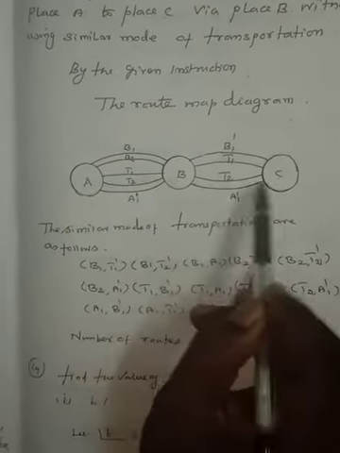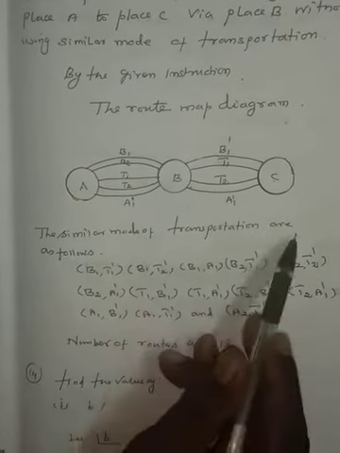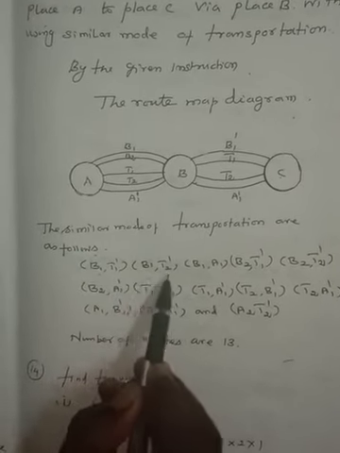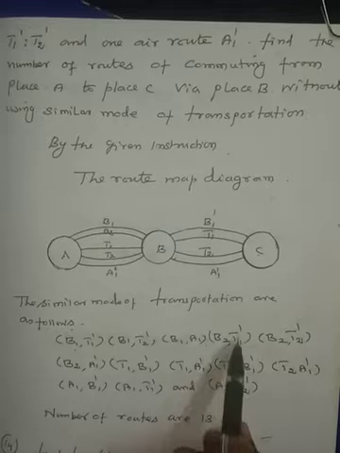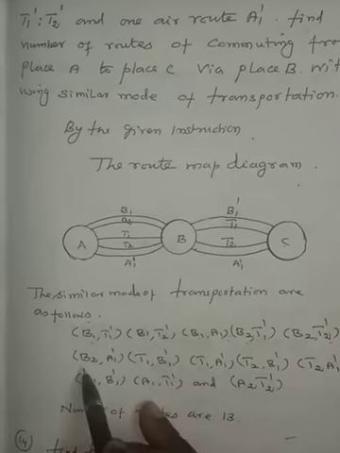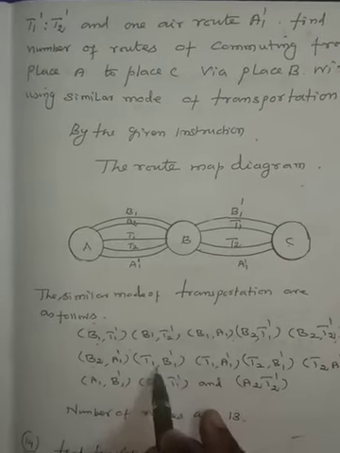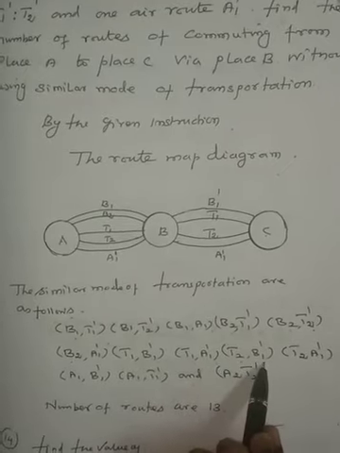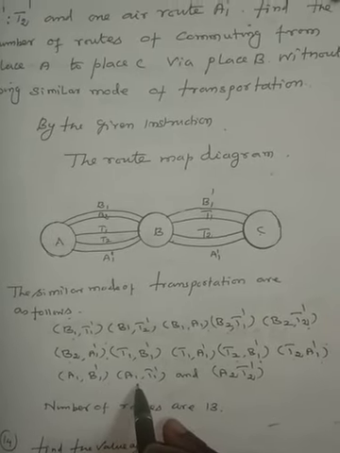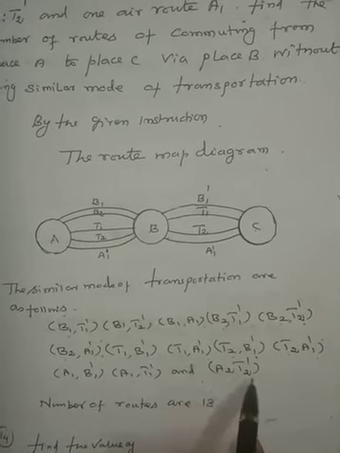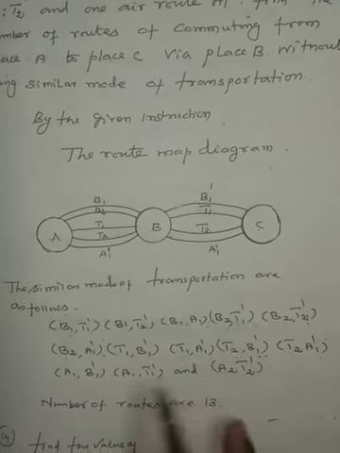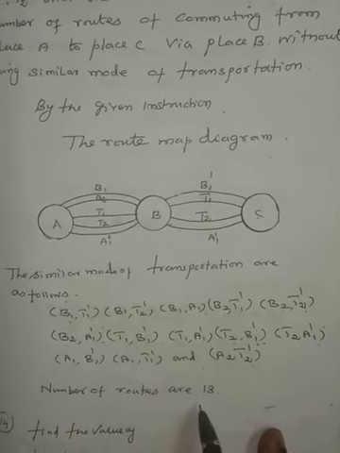A, B, C are the places. The combinations without similar modes of transportation are as follows: B1 T1 dash, B1 T2 dash, B1 A1 dash, B2 T1 dash, B2 T2 dash, B2 A1 dash, and so on for the train and air routes. Counting them: 1, 2, 3, 4, 5, 6, 7, 8, 9, 10, 11, 12, 13. So total number of routes are 13.